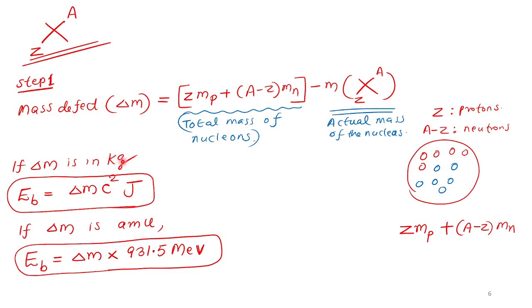If delta M is in kilogram, the binding energy will be delta M into c squared joules. Memorize that formula without any proof.